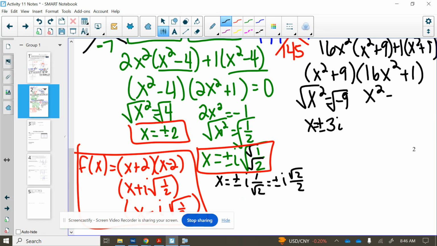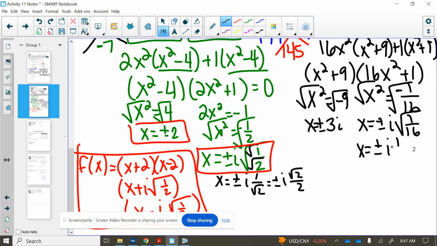And then when we set 16x squared minus 1 equal to 0, this time we're square rooting the 1/16. And what we notice on this one is, again, if you break this down, square root of 1 over square root of 16, this time square root of 1 is just 1, square root of 16 is 4, so we could break this down and actually get a whole number fraction as opposed to needing a radical, 1/4 i.